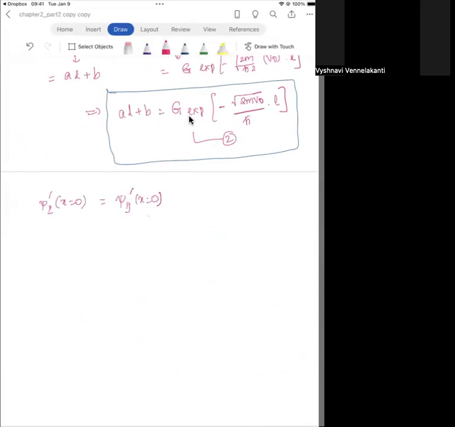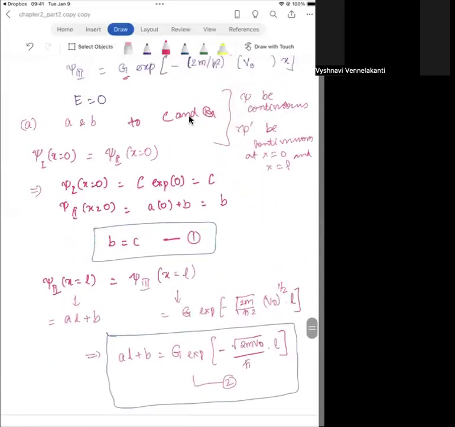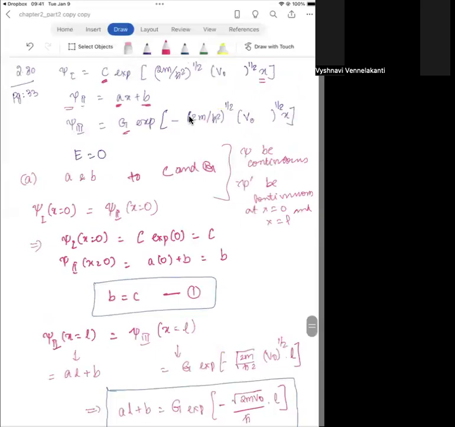The derivative of this is going to be A, because psi 2 is Ax plus B, so the derivative of this is simply going to be a constant.